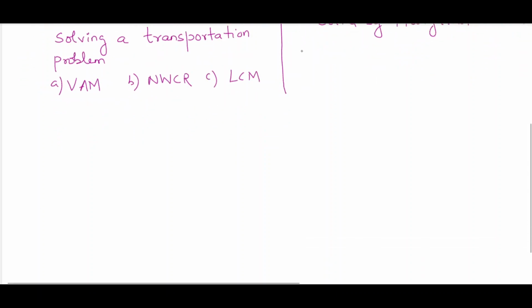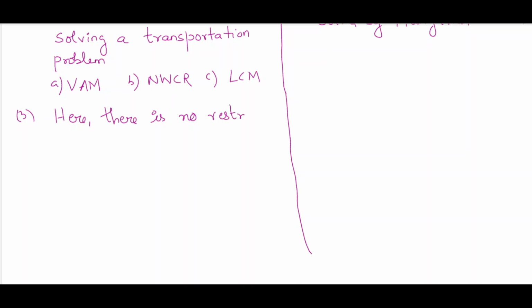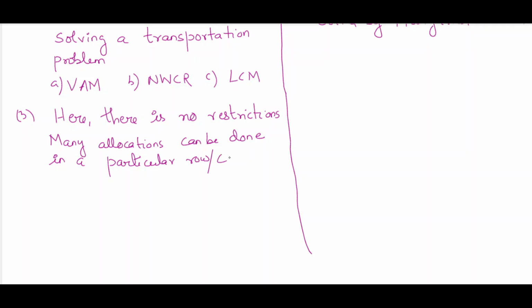In transportation there is no restriction: many allocations can be done in a particular row or particular column.